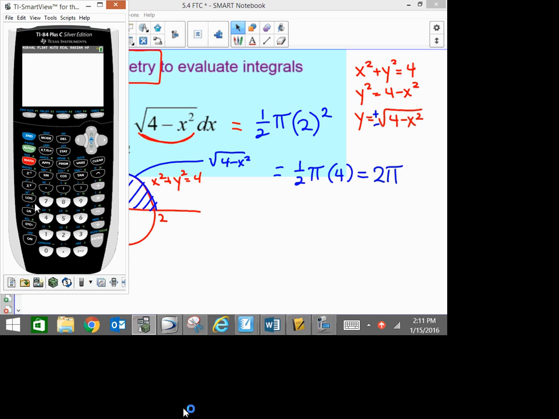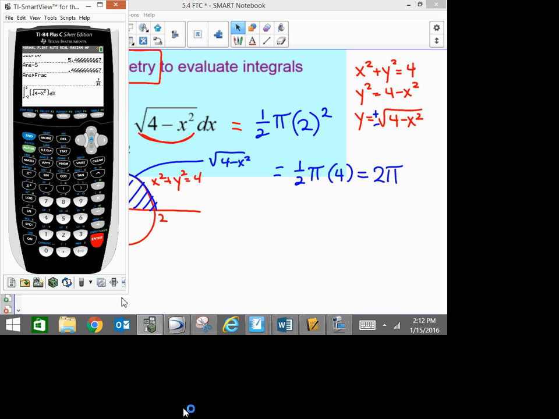Don't forget about -2 to 2, the geometry behind the integration. Because if it's a perfect geometric shape that you already have a formula for, then you can totally do it that way. Should be 6.28, blah, blah, blah, when it comes out, right?